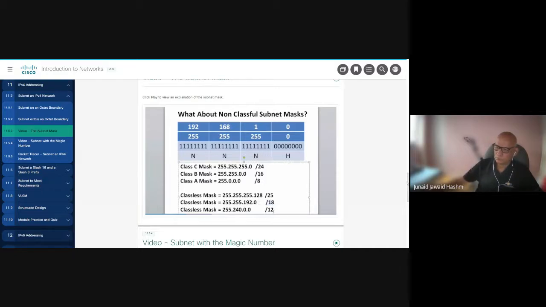Or for that matter, a /12 subnet mask, 255.240.0.0. So we have three classes of subnet mask: 8 bits, 16 bits, and 24 bits. 8 bits is Class A, 16 bits Class B, 24 bits Class C. And when you see a subnet mask that does not belong to any class, this is called a classless subnet mask.